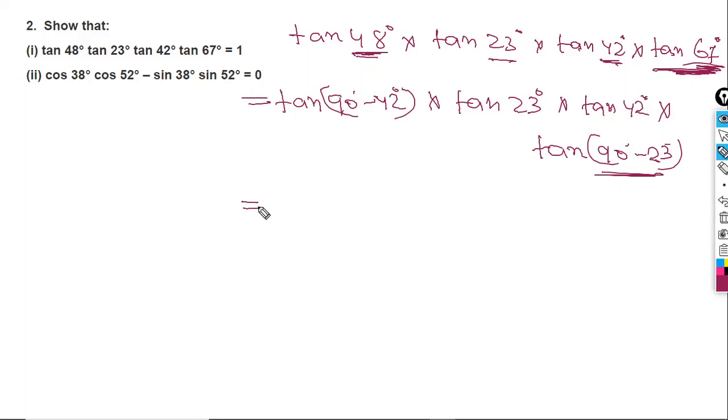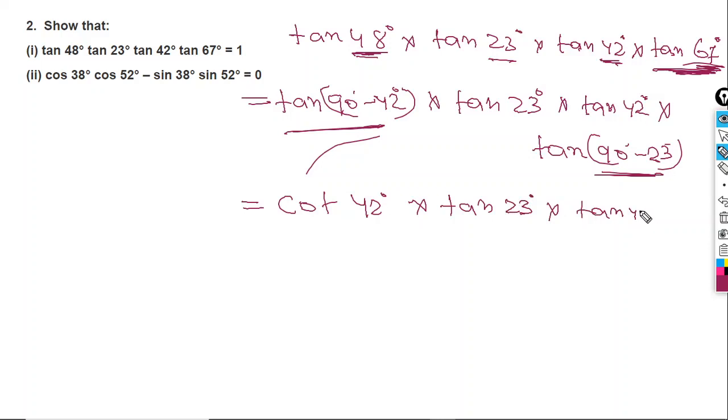Now tan (90 minus theta) is cot theta, so you can write cot 42 degree into tan 23 degree into tan 42 degree into cot 23 degree.